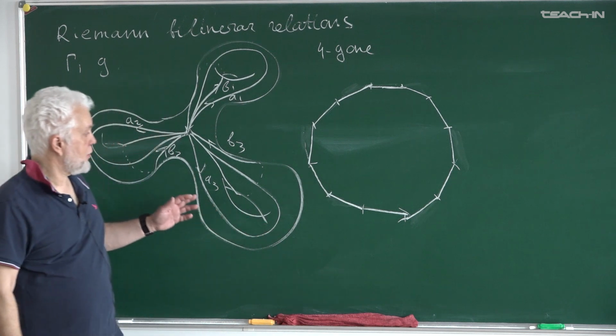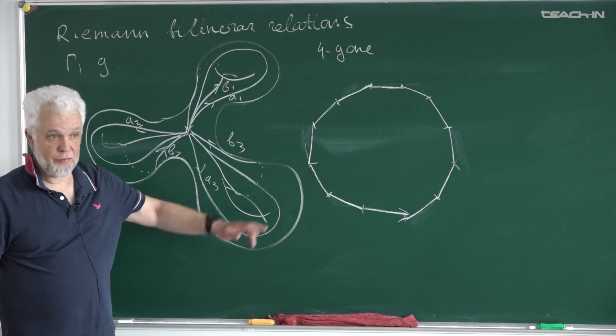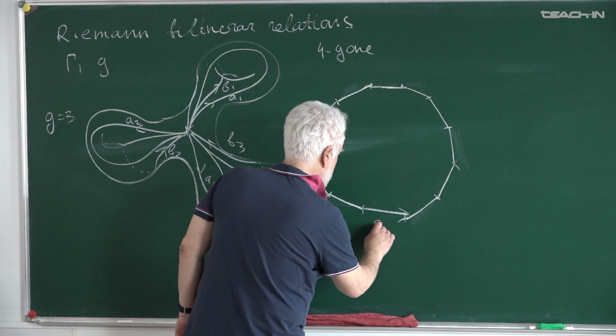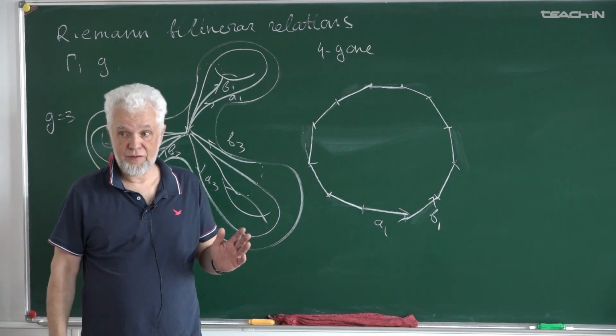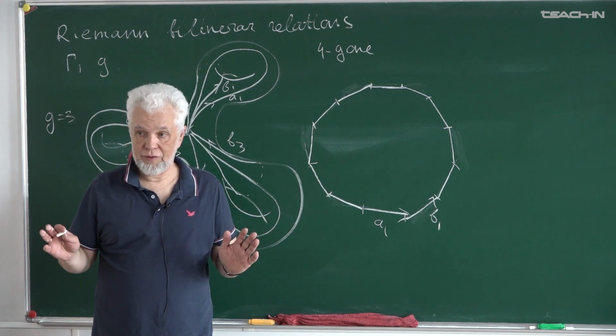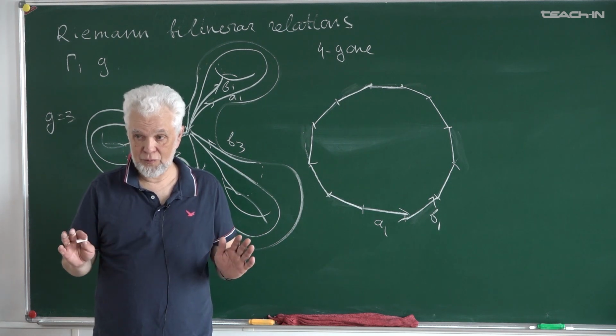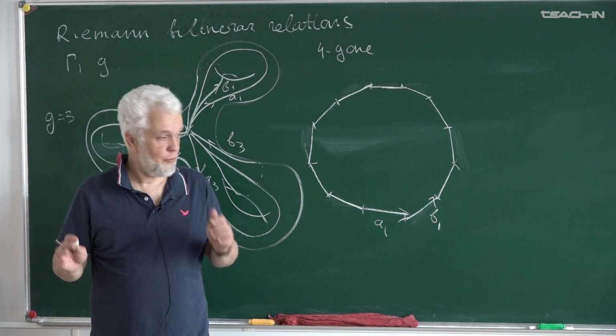And moreover, we can check the order of the lines. The order will be the following: A1. Of course, this system of cuts and the system of cycles is not unique. It's one of the possible choices, but of course, it's not the unique one.